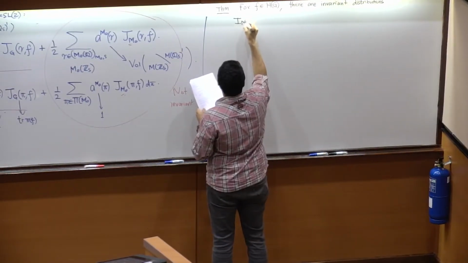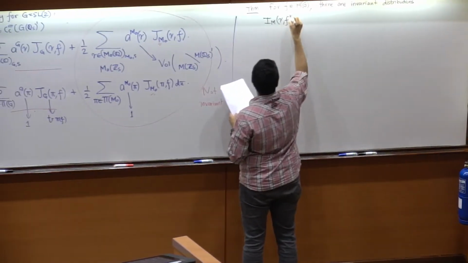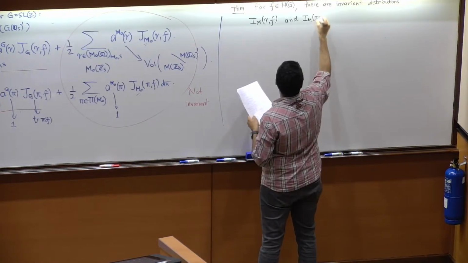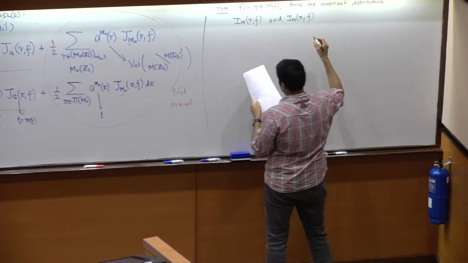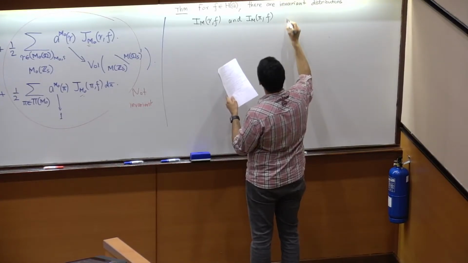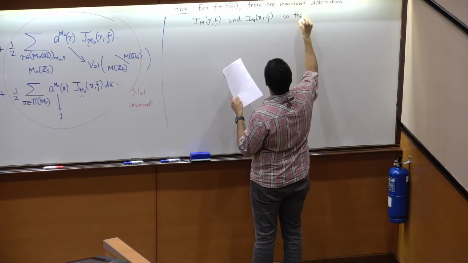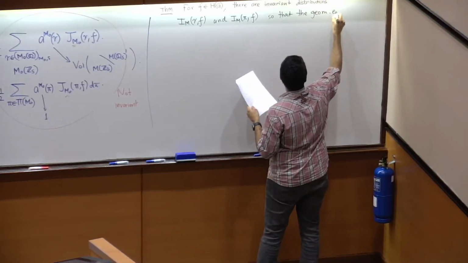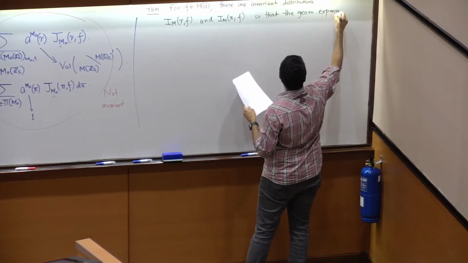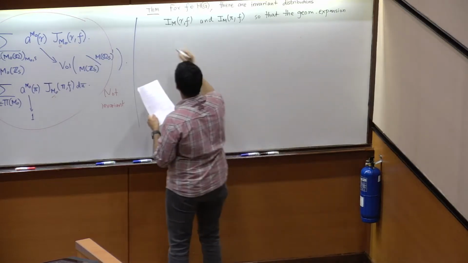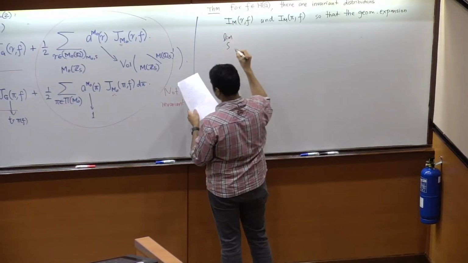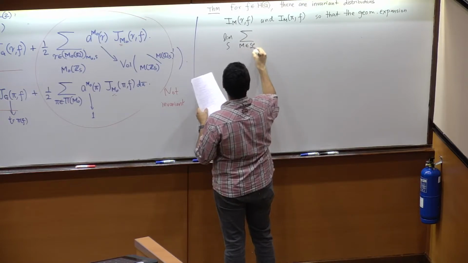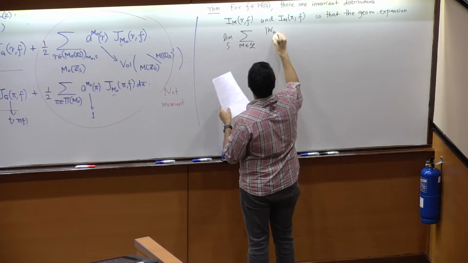there are invariant distributions I_M(gamma, f) and I_M(phi, f) defined inductively so that the geometric expansion, which is a limit over S of some standard Levi subgroups, the same thing.